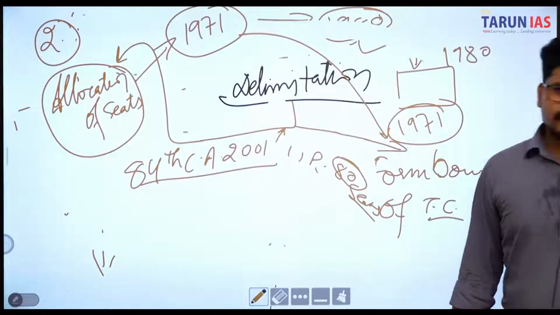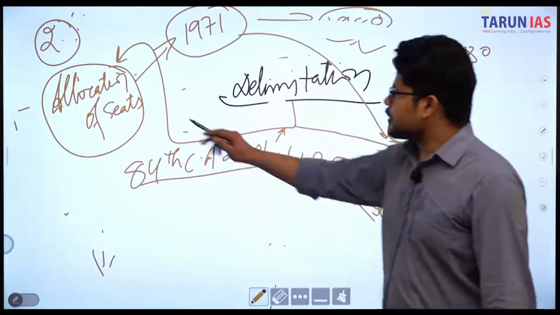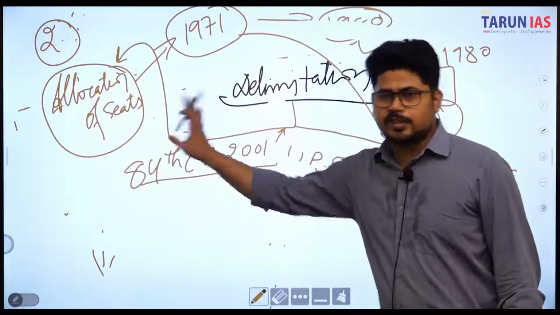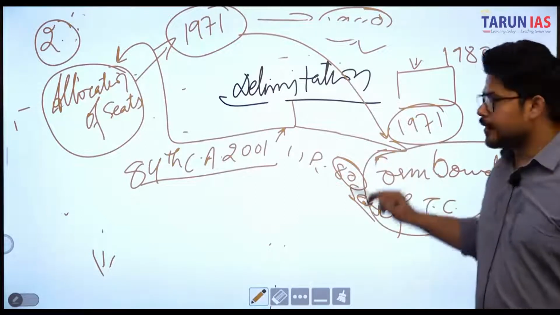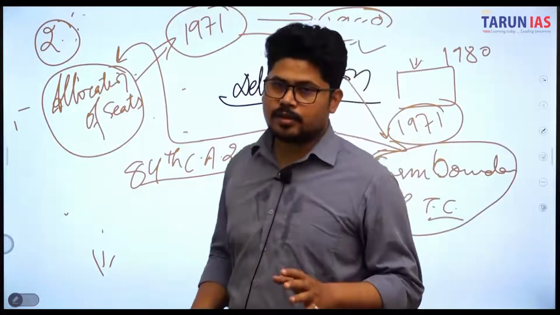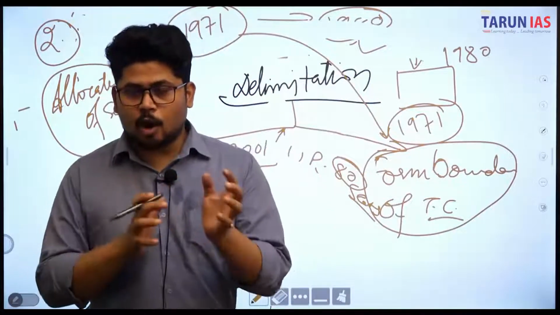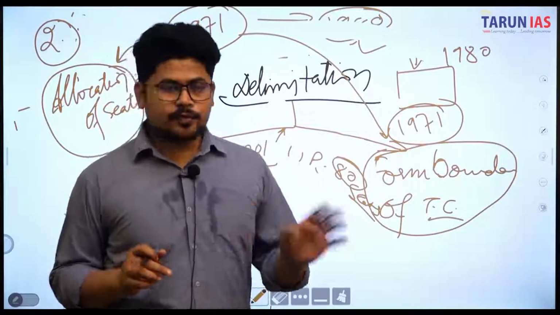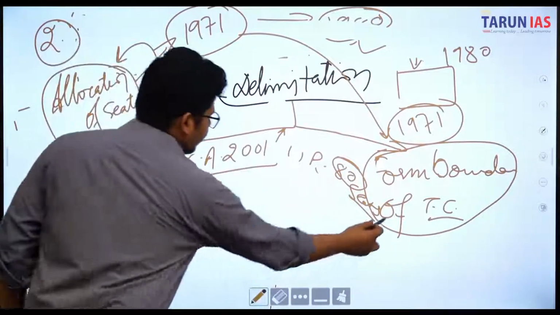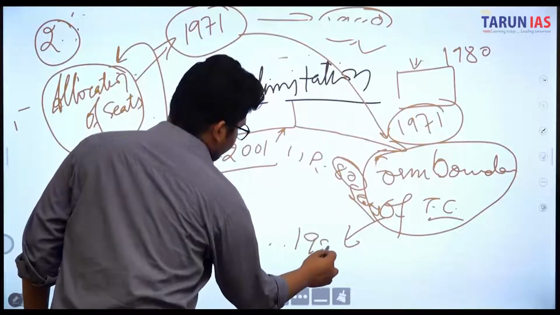It said that now the allocation of seats remains fixed, but the territorial boundaries can be rationalized. मतलब the territorial boundaries can now be altered with respect to the census of 1991.